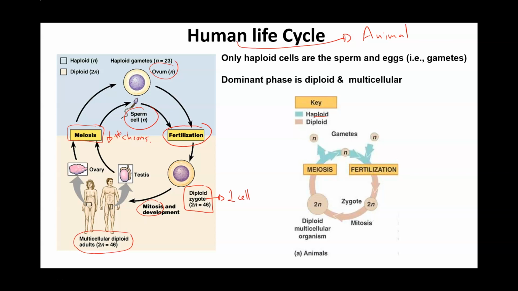And the only haploid cells in the animal life cycle are the gametes. And as soon as 2 gametes fuse through the process of fertilization, it reestablishes the diploid condition with the creation of the zygote, which divides by mitosis to eventually produce the mature diploid multicellular animal.